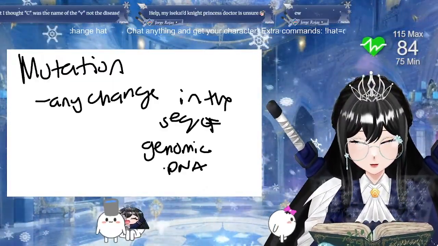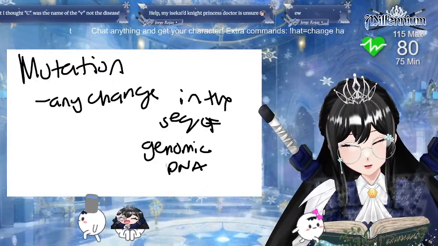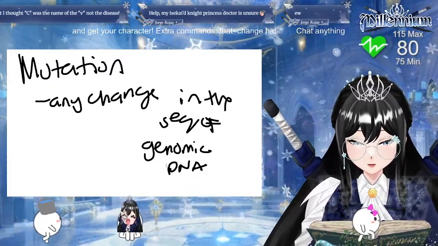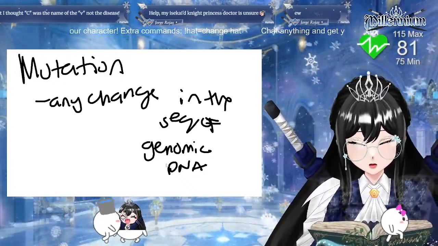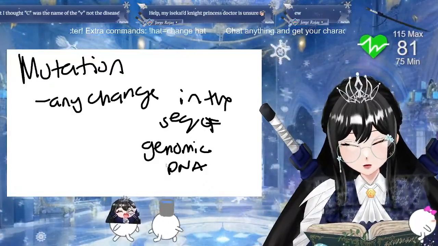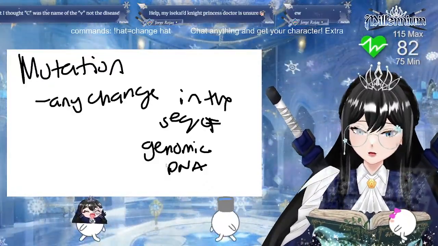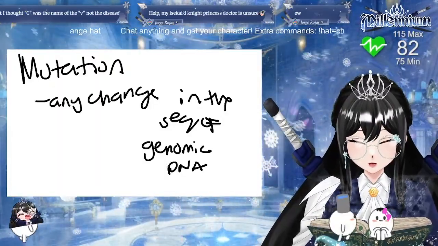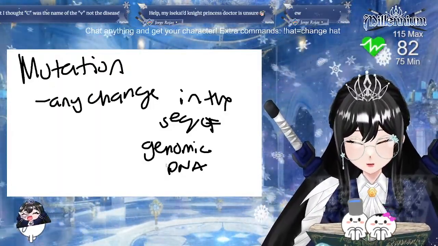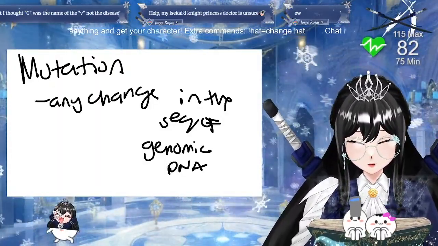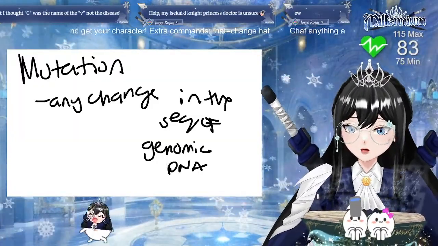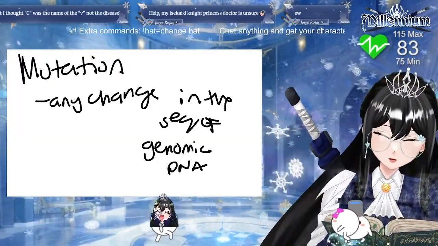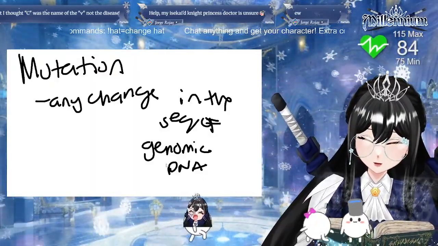So these changes can include point mutations, insertions, deletions, duplications, or terminal events like gene conversion. And in immunoglobulin genes, somatic hypermutation would refer to the non-templated changes. So just remember, mutation is any change in the sequence of your genomic DNA.